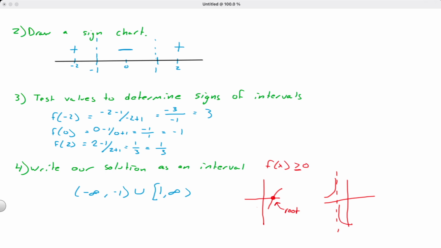And so by solving for those critical points when f of x is equal to 0 or when f of x is undefined, then we can determine when our function is positive and when it's negative, and then ultimately decide whether it's greater than or less than, or greater than or equal to or less than or equal to 0, and ultimately solve our polynomial or rational inequality.